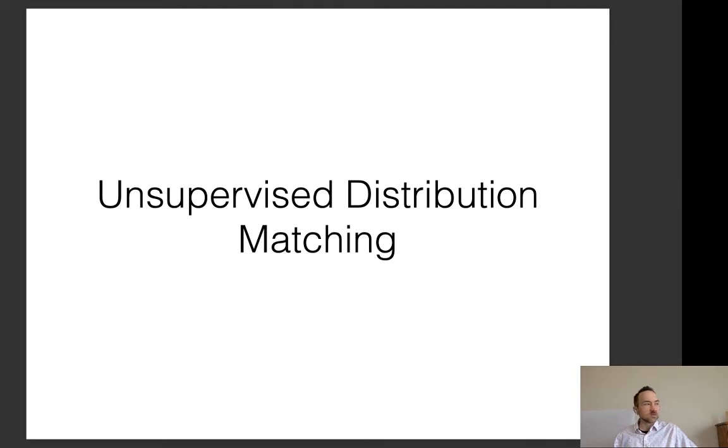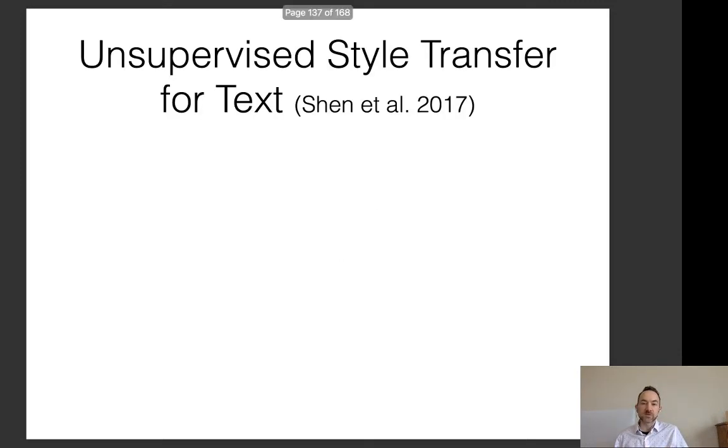And adversaries can also be used for things regarding unsupervised distribution matching. As I mentioned before, distribution matching is one interpretation of these adversarial methods. But there's a number of applications to NLP where you would want to do this sort of unsupervised distribution matching.